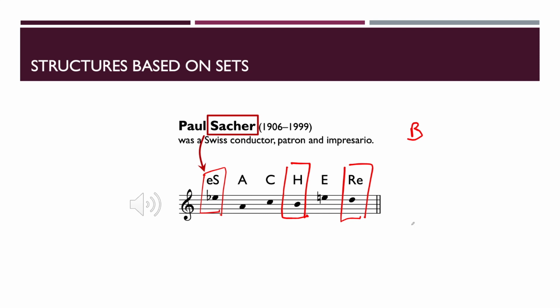This is a very famous hexachord. The story is the following. To celebrate Paul Sacher's 70th birthday, Mstislav Rostropovich, a very famous Russian cellist and conductor, invited 12 composers to compose 12 pieces based on this hexachord, the Sacher hexachord, in honor of Paul Sacher.